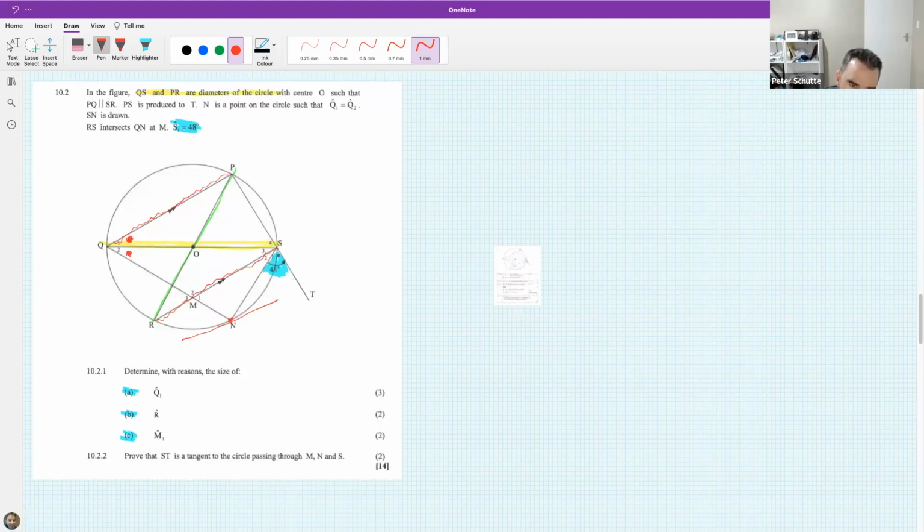So this can't be a tangent, even though it kind of is tempting us. Something that is a little bit hidden is this angle here has a relationship. What type of relationship does it have with other stuff in the drawing?